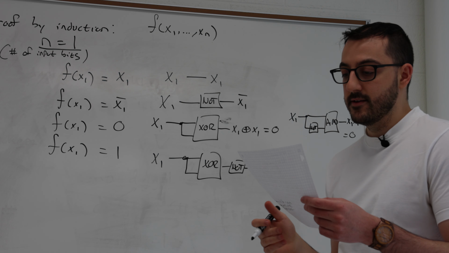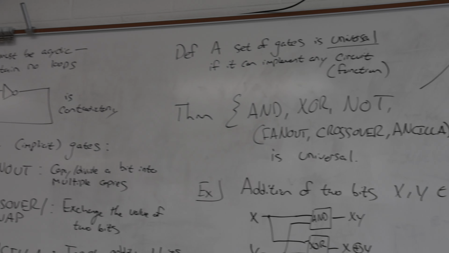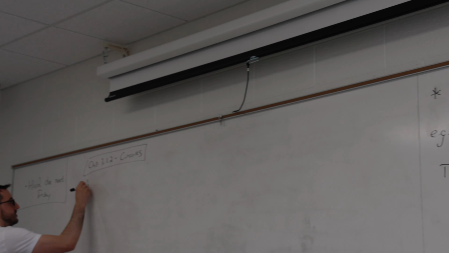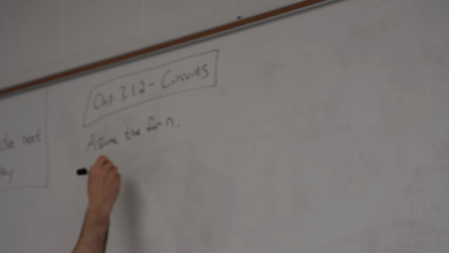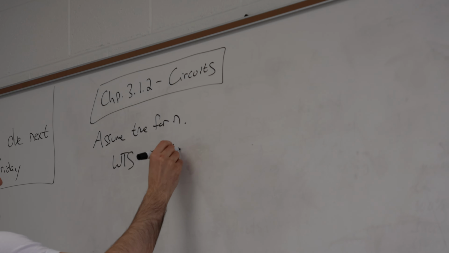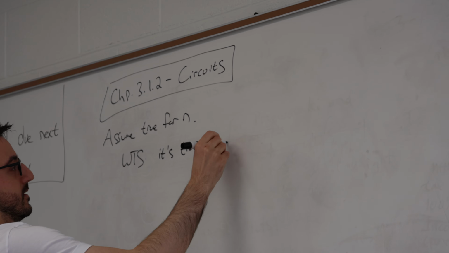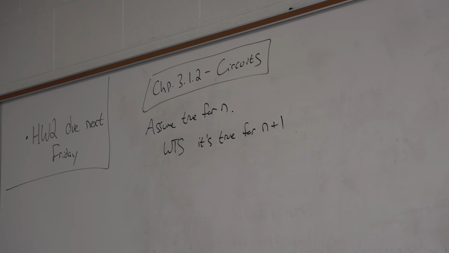Now we do the inductive step, which is where we assume it true. So let's now assume this to be true for n, and then we need to show that it's true for n plus 1. So, proof by mathematical induction.